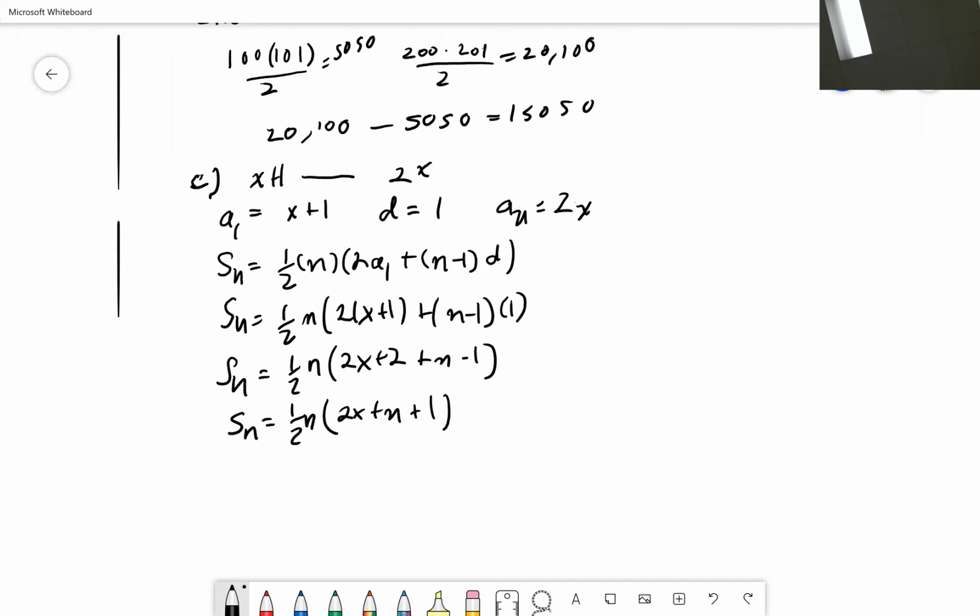It would be nice to know what n is. If we start at x plus 1, when would it be twice x? Well, we don't know. I'm not satisfied with this formula. I look at it, doesn't make me feel good.